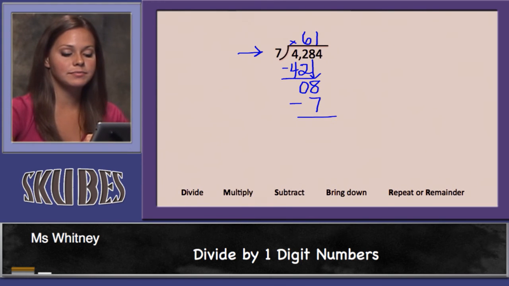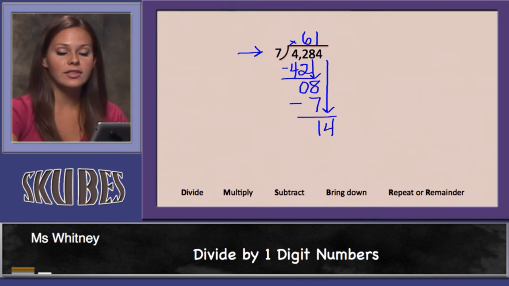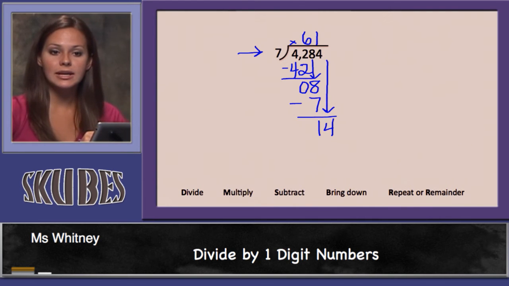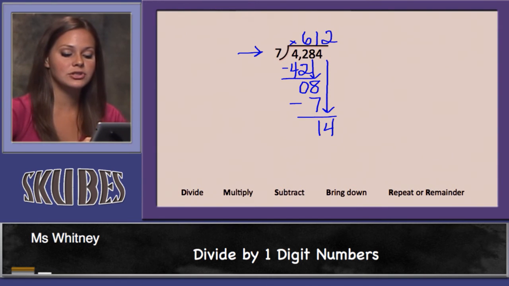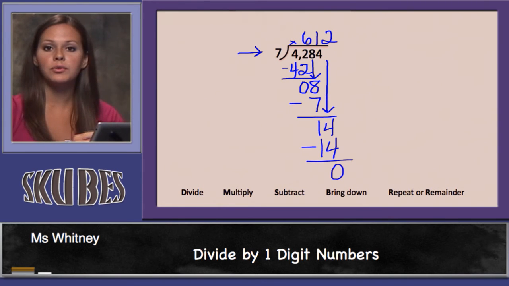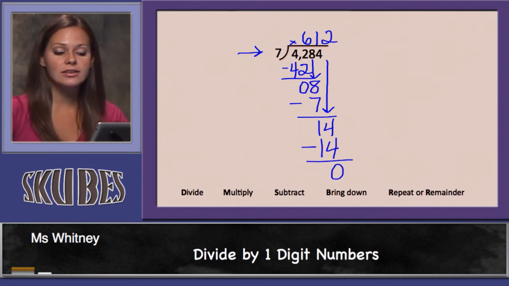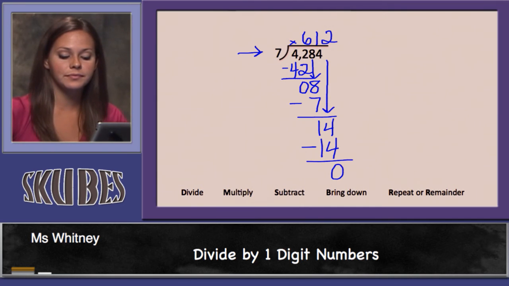Next I'll subtract and bring down my 4. 14 is greater than 7, so I need to repeat. 7 goes into 14 2 times. 7 times 2 is 14. I subtract and I have 0 remaining. So 4,284 divided by 7 equals 612.